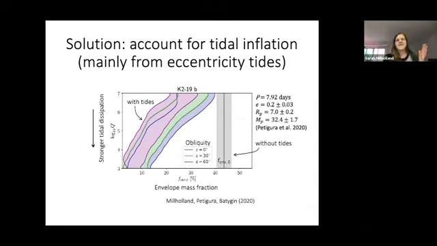So basically, the planet seems much less envelope rich than it initially seemed when we didn't account for tidal heating in the model. And basically what is happening is that this tidal heating is puffing up the atmosphere and accounting for some amount of the large radius that we see, such that we need less envelope mass to get a given planet radius. And the stronger the dissipation in the planet, the less envelope mass that we need.